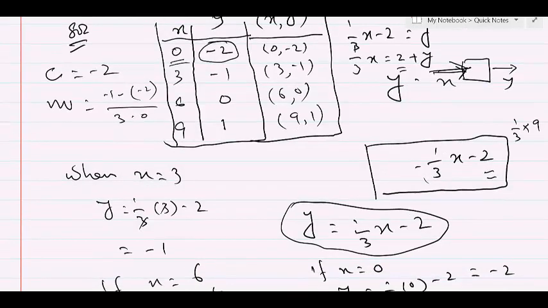So this is equal to minus 1, negative times negative, plus 2 over 3. This is equal to 1 over 3. So m is equal to 1 over 3. This is what we can get from the table of values.